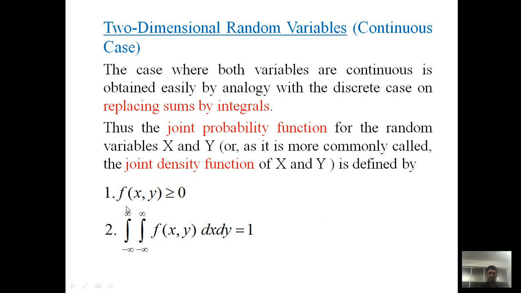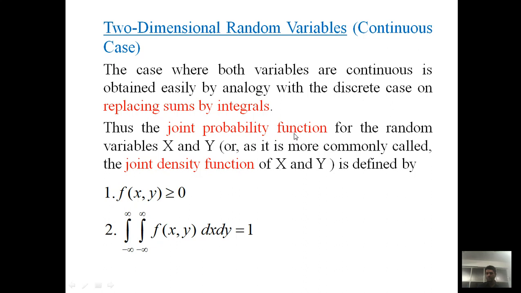Now it satisfies two conditions. The first condition: the joint density function f of xy, also known as the joint probability function because we talk about two variables x and y, is sometimes also called the two-dimensional probability function.